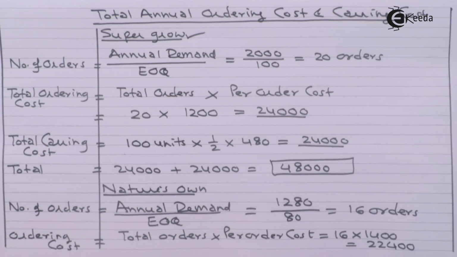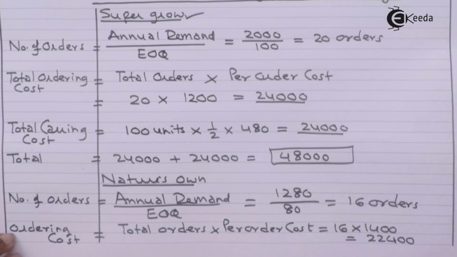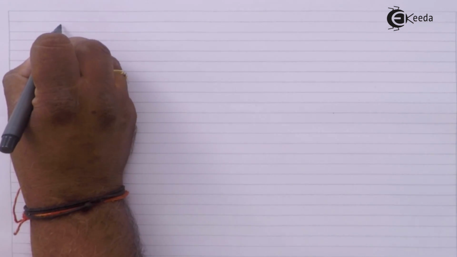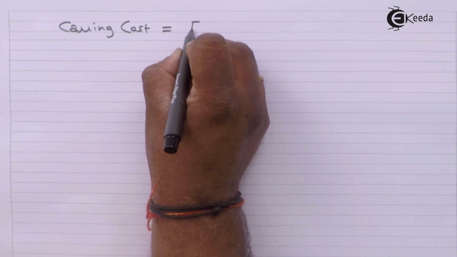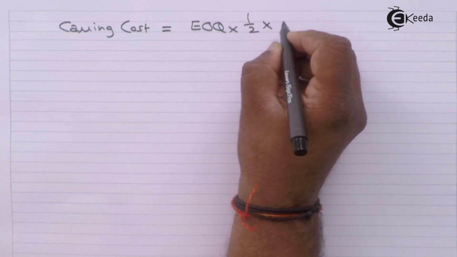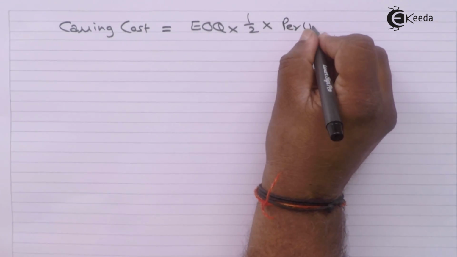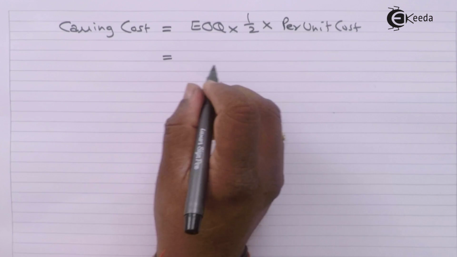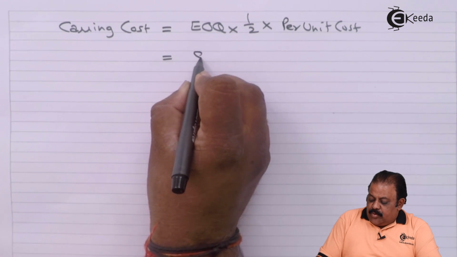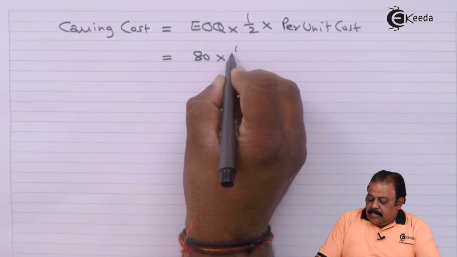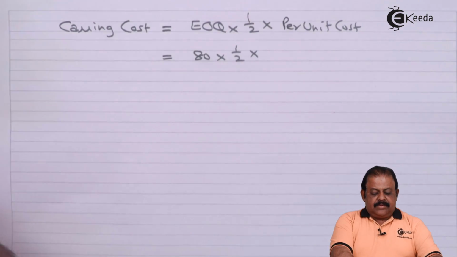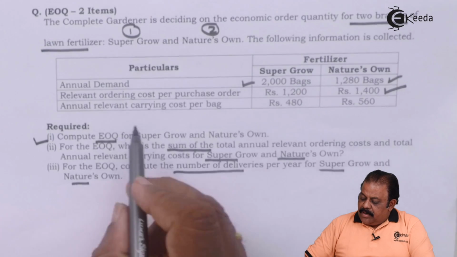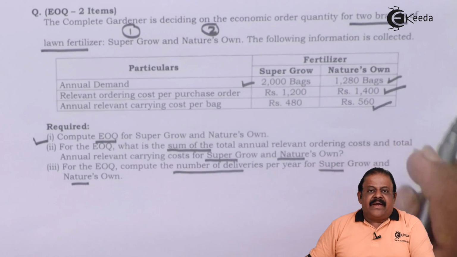Now we'll have to calculate carrying cost. Economic order quantity 80 units multiplied by half, multiplied by per unit cost. Per unit cost here is 560.